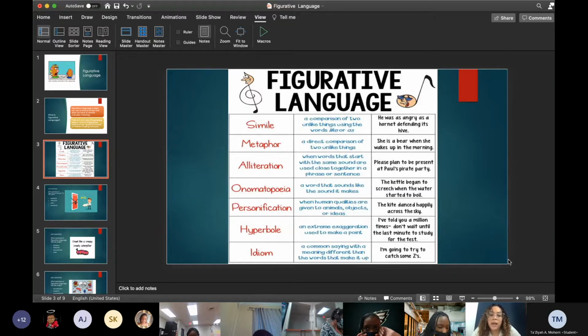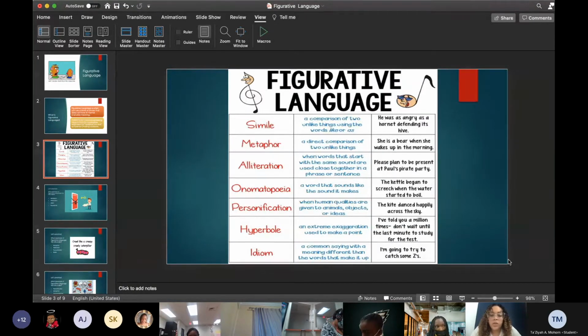Onomatopoeia is a word that sounds like the sound it makes. The kettle began to screech when the water started to boil. Another example of onomatopoeia would be bang, boom, pow. It's used in a lot of action movies.